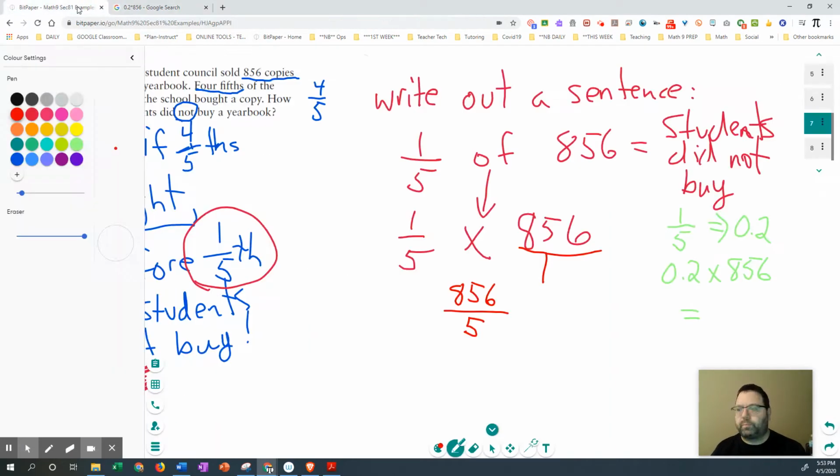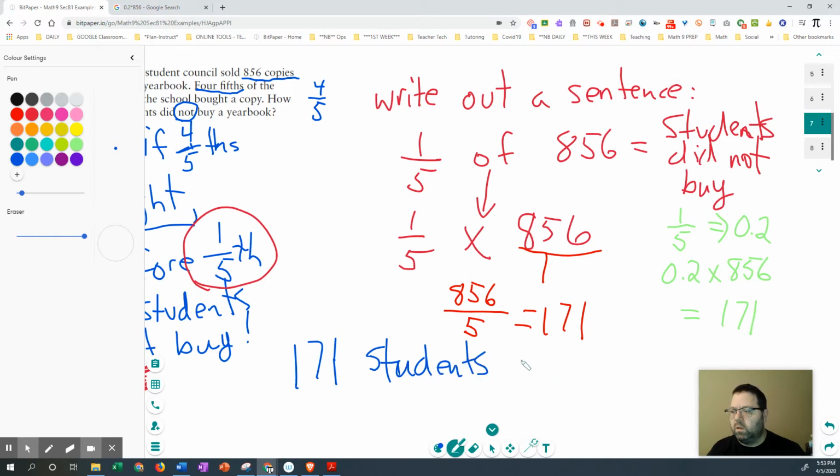So whether you did it this way and got 171, or whether you did it this way and got 171, it was 171 students who did not buy.